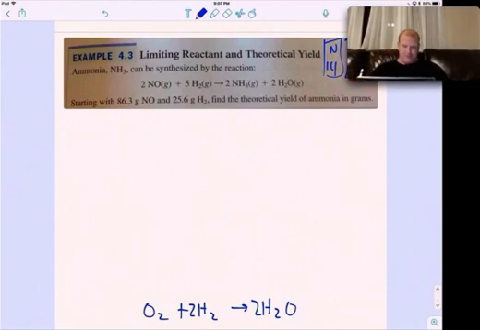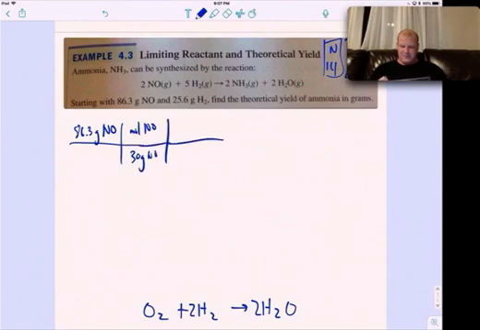Okay, so do both and figure out what the lowest one is. So let's look at nitrogen monoxide: 86.3 grams nitrogen monoxide. We're going to convert that to moles. Nitrogen is 14, oxygen is 16, that's 30 grams per mole nitrogen monoxide.